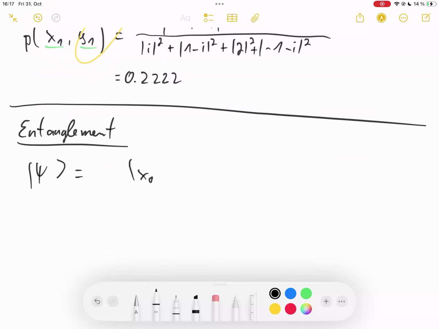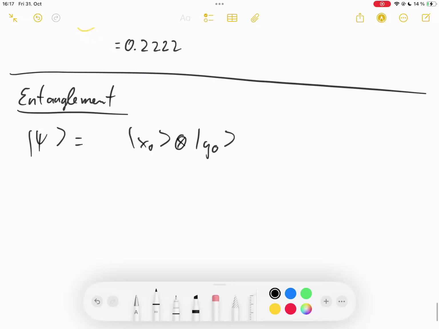We have the x0 cat tensor product with y0 cat, plus the x1 cat tensor product with y1 cat.